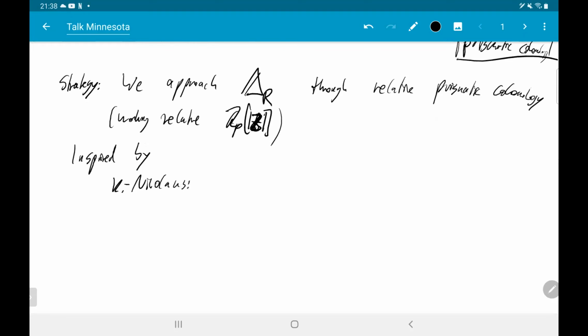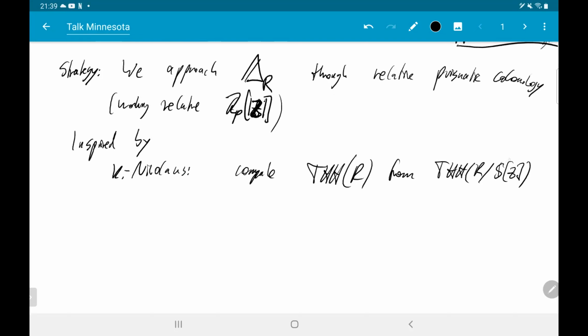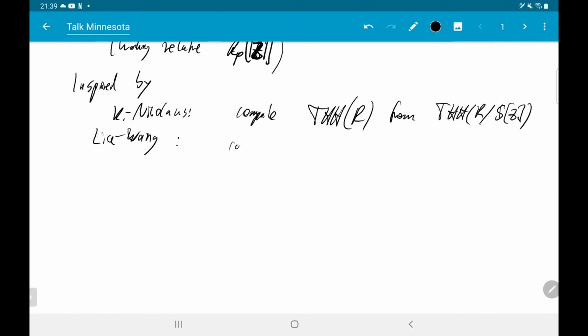where we explain how to get absolute THH from relative THH, where you work relative to some polynomial algebra over the sphere, and also a paper by Liu and Wang, where they compute TC of Z_p, but mod p, in a similar way where you descend from the relative case.